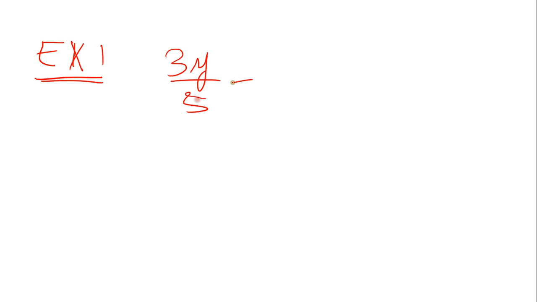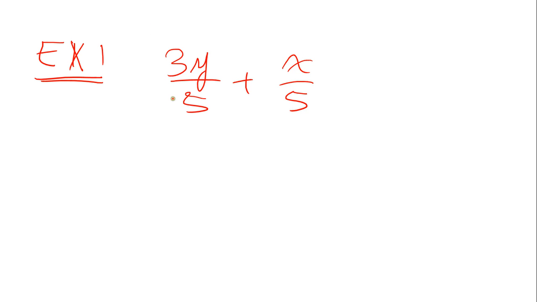So we'll start with example 1, which we did last class, but it's worth going over again. I think we're all a little thrown off by that exam. So 3y over 5 plus x over 5.